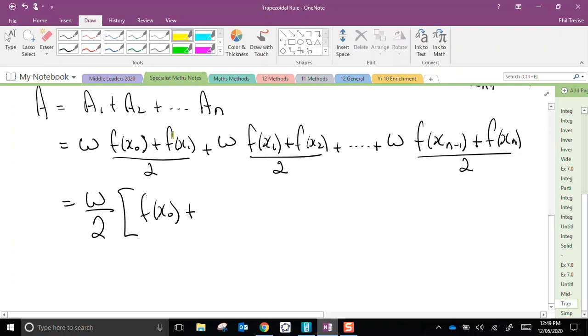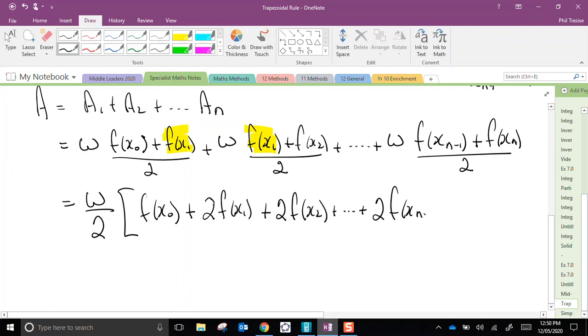Note here that f of x1 appears twice, so there would be 2 times f of x1, then 2 of f evaluated at x2, all the way until I had 2 lots of f of xn minus 1, and finally f of xn appears just once. So the first and the last one appear only once. All of the intermediate ones are evaluated twice.